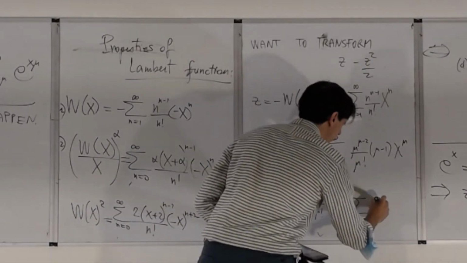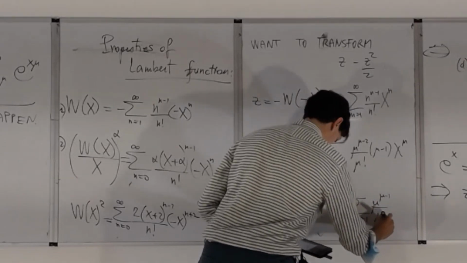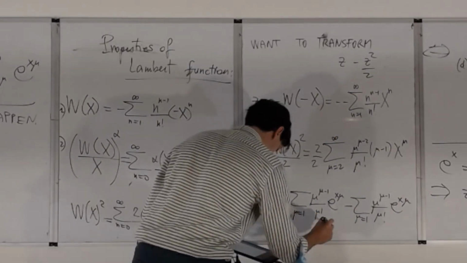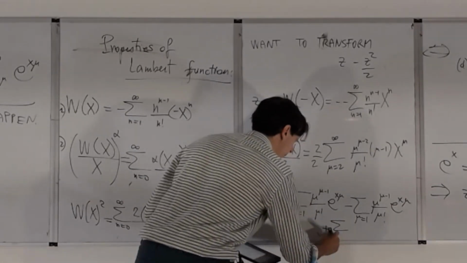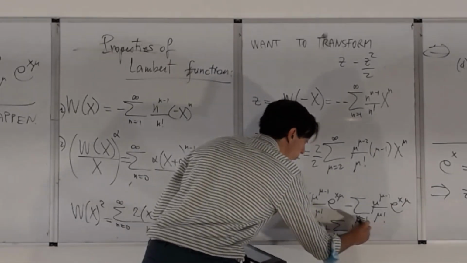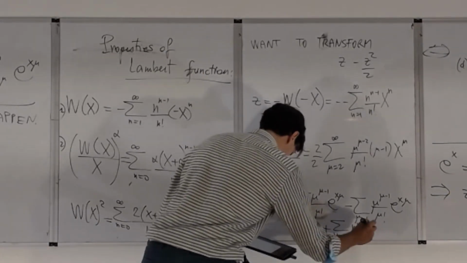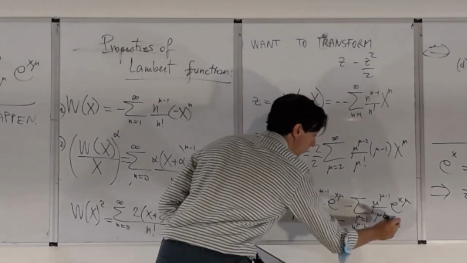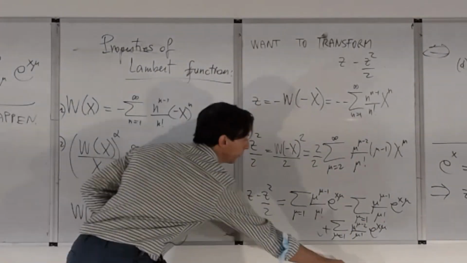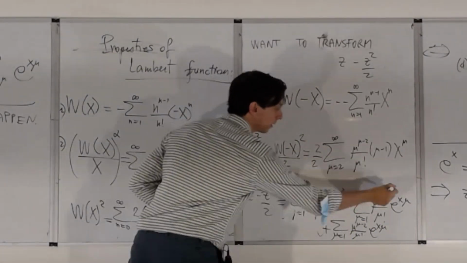You have mu to the power mu minus 1 divided by mu factorial, exponent of x to the mu. And then you have plus something, the sum over mu from 1 to infinity of mu to the power mu minus 2 divided by mu factorial, exponent of x to the mu. And now you can happily cancel this and that.